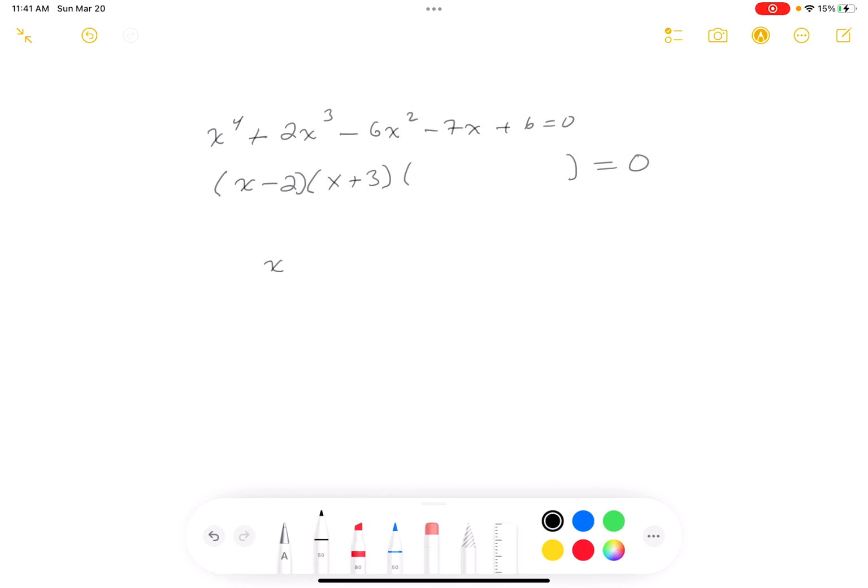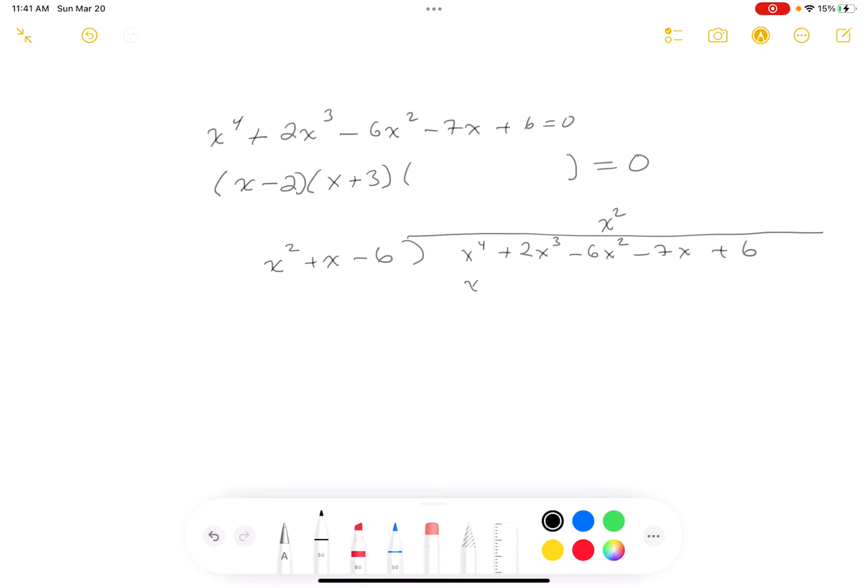I'm going to divide x squared plus x minus 6 into x to the fourth. Again, the picture is helpful. Let's try it. Well, x squared certainly.